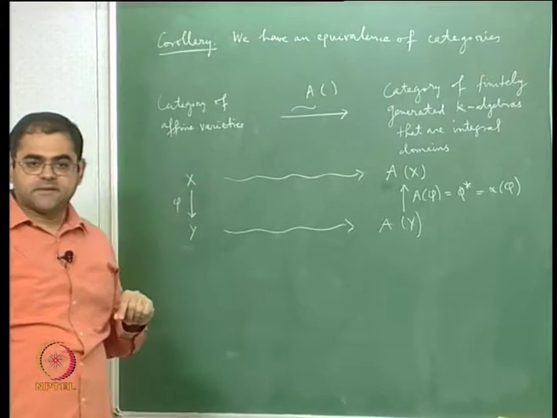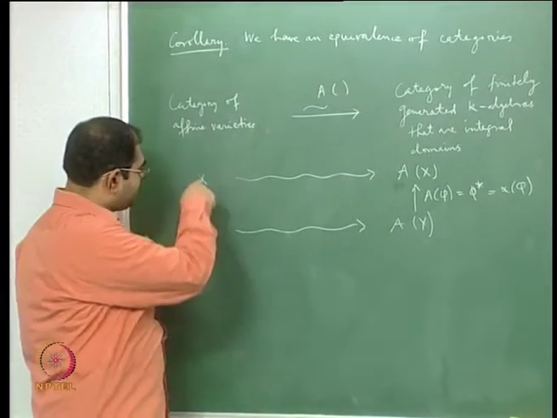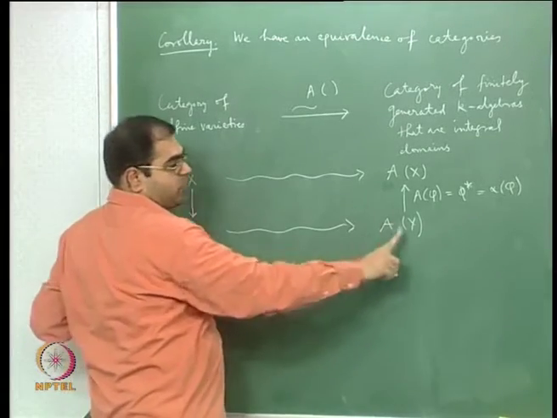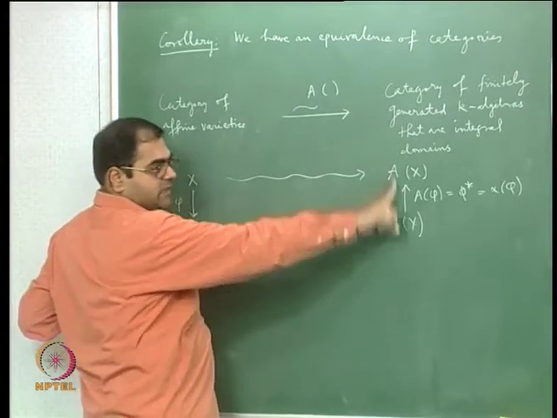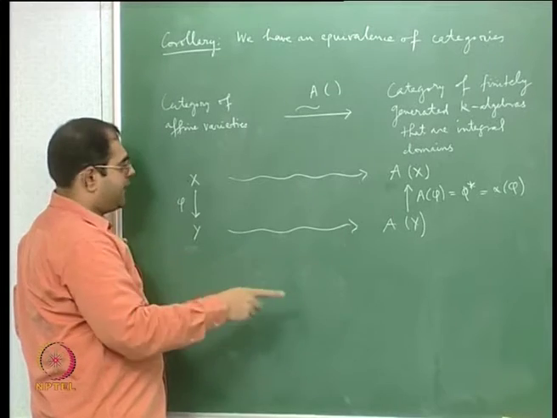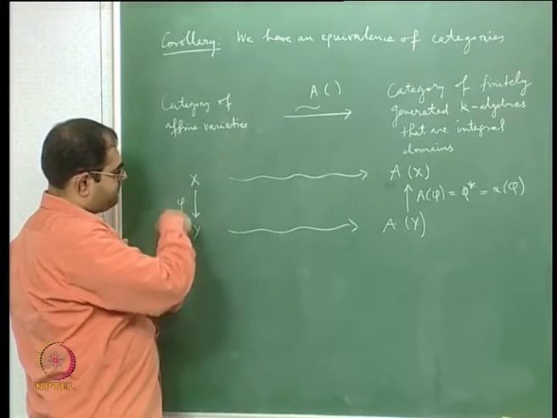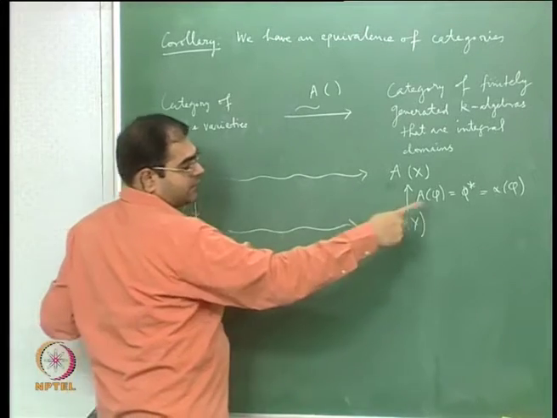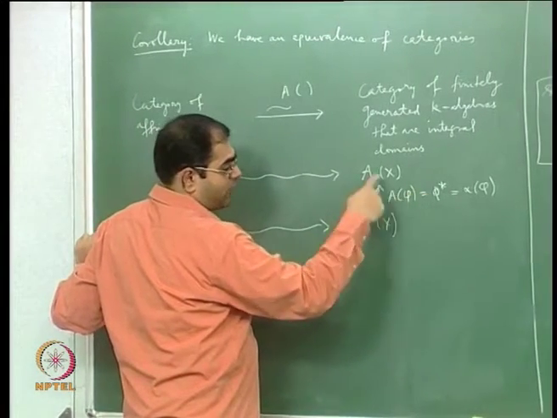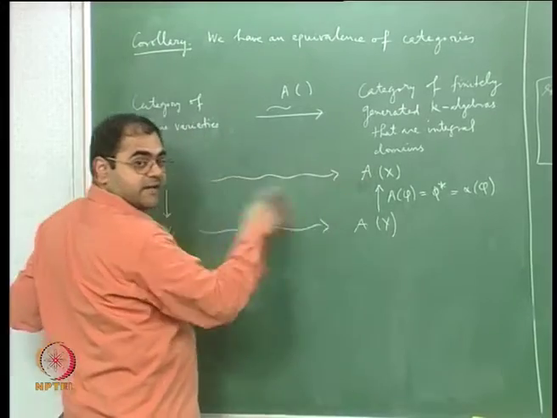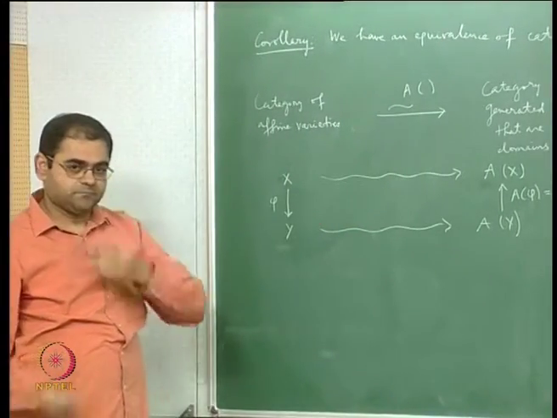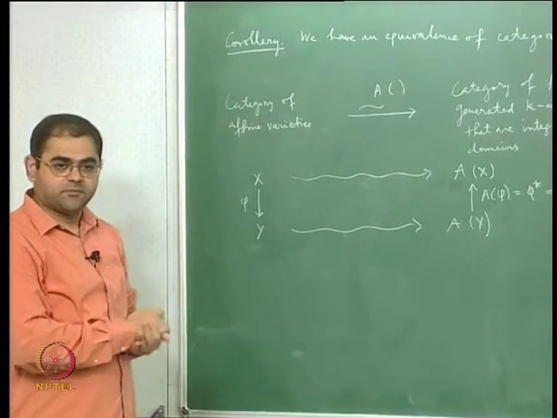Given any morphism in this direction, on this side I have a pullback of functions, which is a K-algebra homomorphism. That the set of all such psi is bijective to the set of all such K-algebra homomorphisms on this side is a statement that we have stated as a corollary, part of the theorem that we proved.